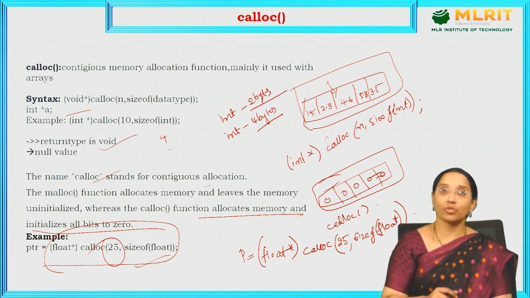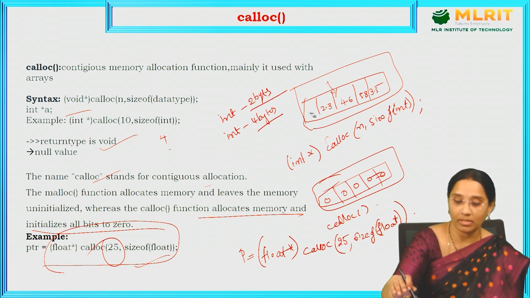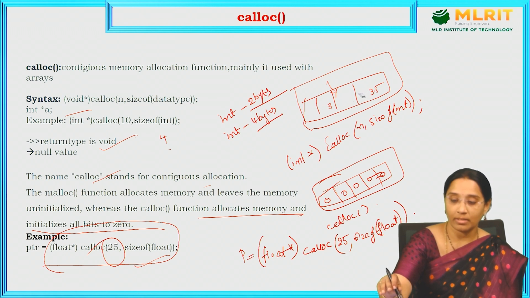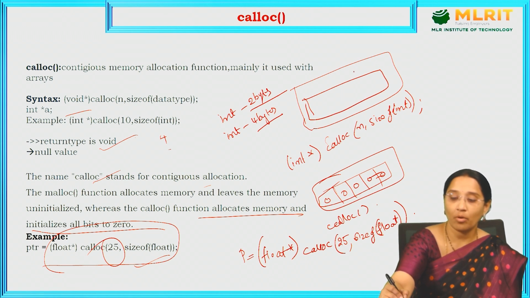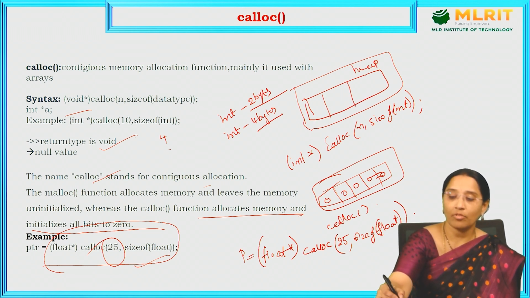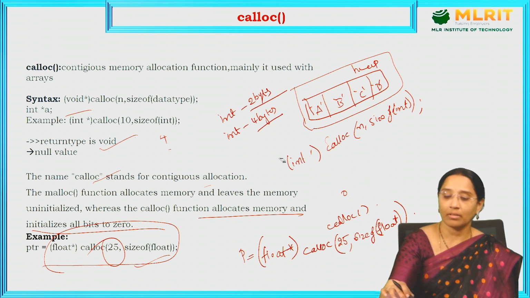Suppose I want to store characters in that heap section. By using calloc it will allocate multiple blocks of memory. Here I want to store 4 characters. See, now how can I write it? What data type will we use here?